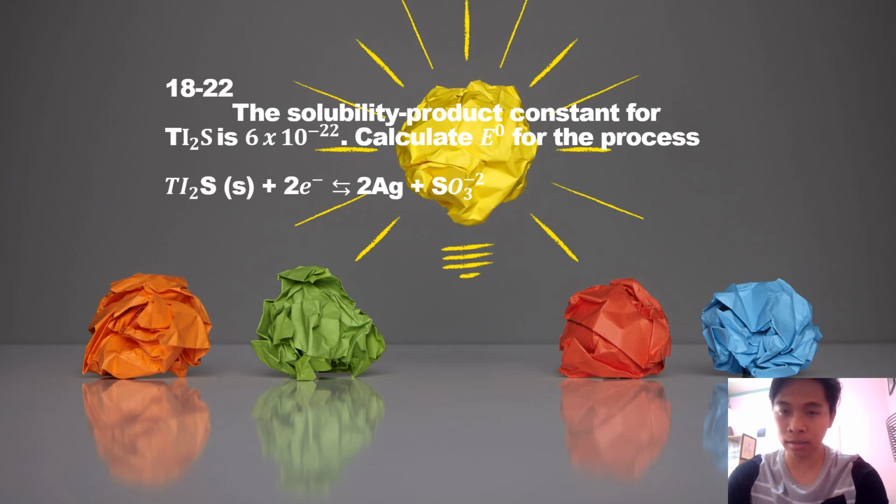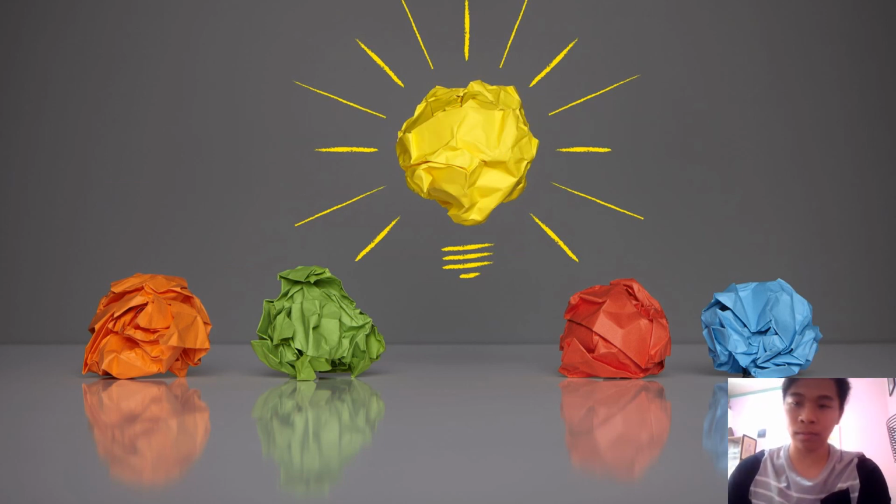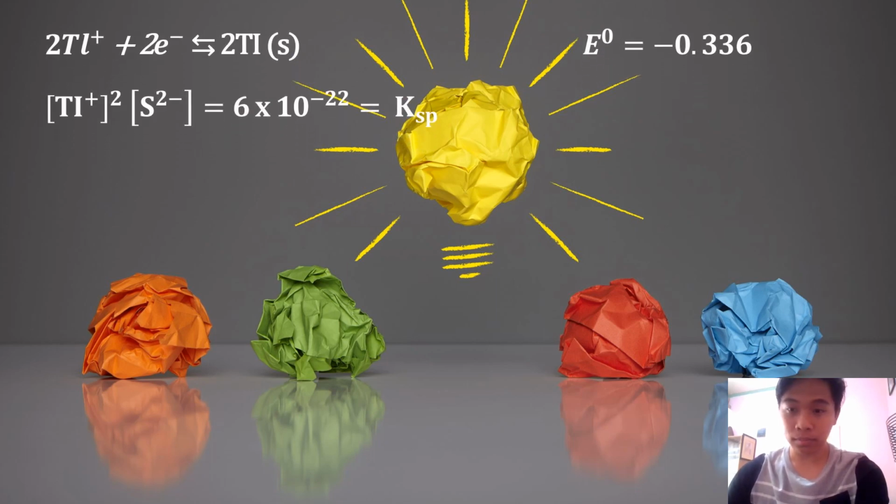Calculating the E standard cell potential for the reaction given here. To do this, we will first need to know the E standard cell potential of the half cell reaction, which will be the half cell reaction of thallium.